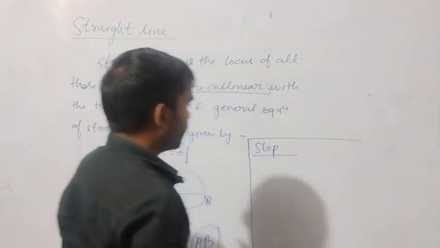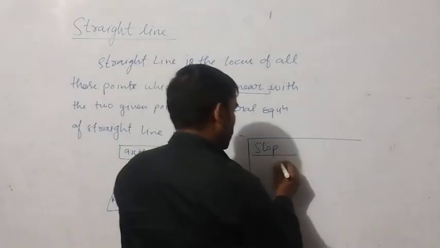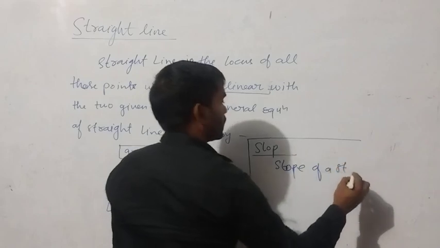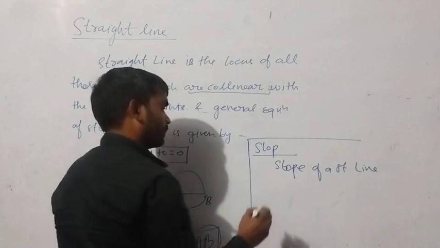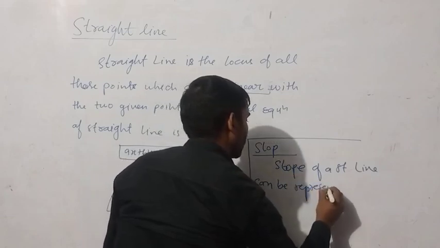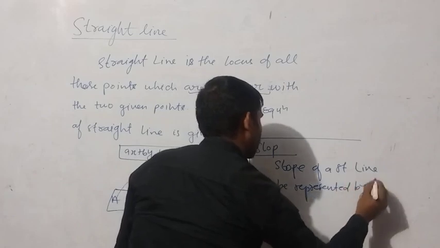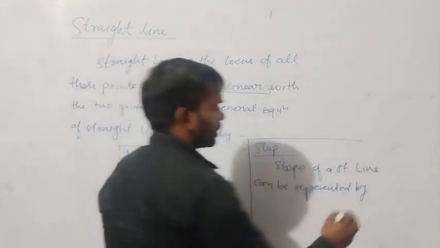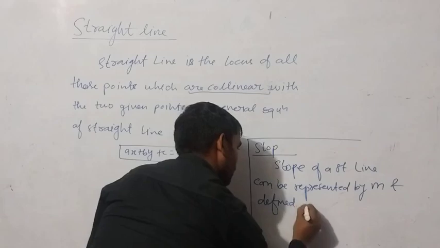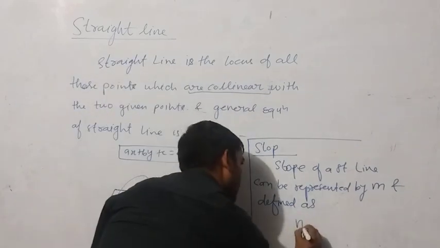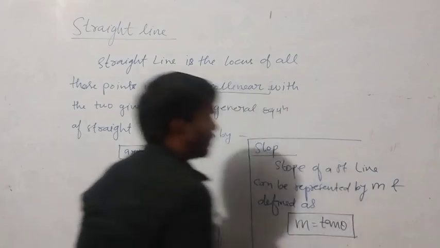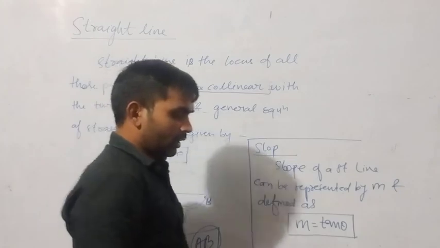Let me explain what the slope of a straight line is. The slope of a straight line is represented by m and defined as m is equal to tan theta.